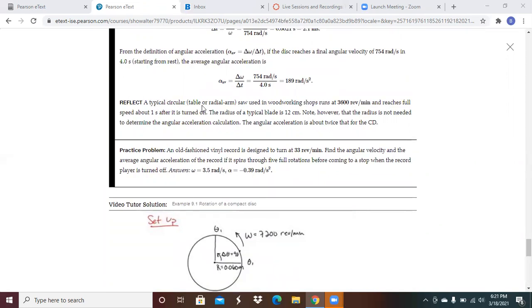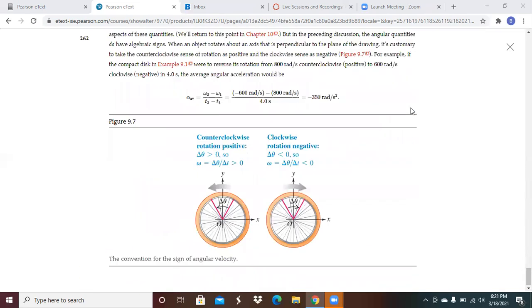A typical circular saw used in woodworking shops runs at 3,600 revolutions per minute, and it reaches full speed about 1 second after it's turned on. The radius of a typical blade is going to be 12 centimeters. Note that the radius is not needed to determine the angular acceleration calculation. So anyway, kind of interesting stuff.